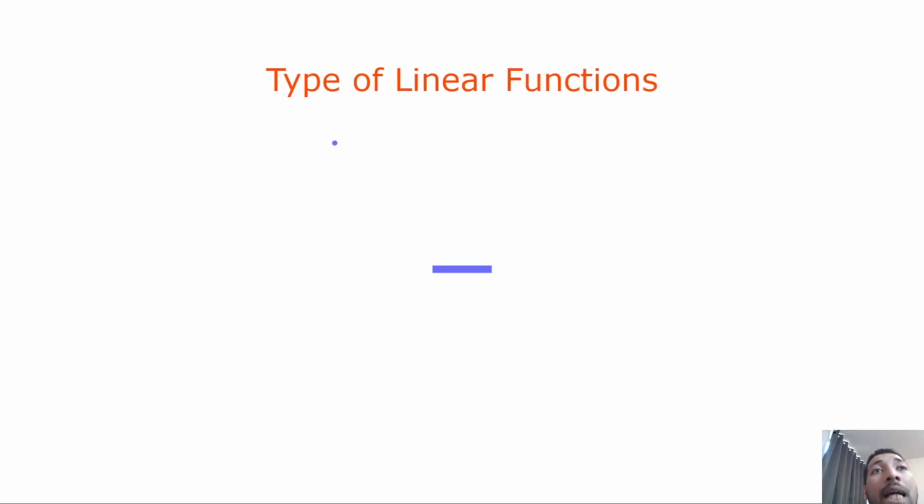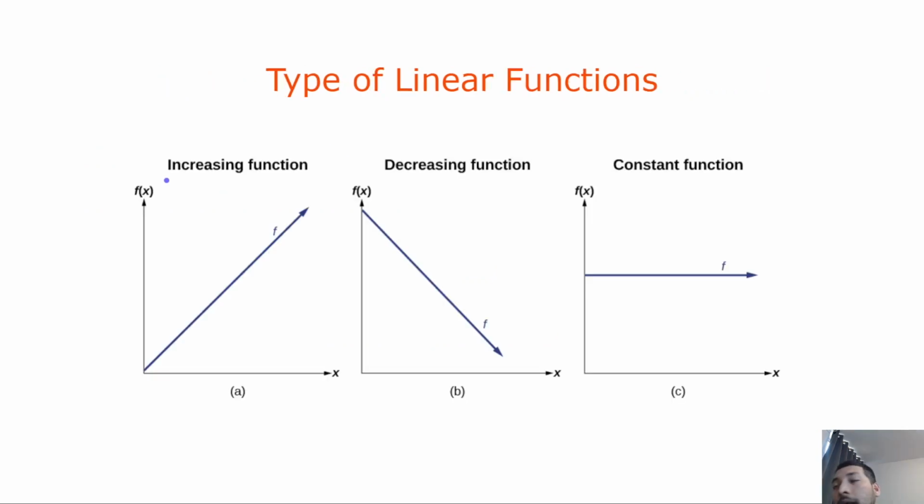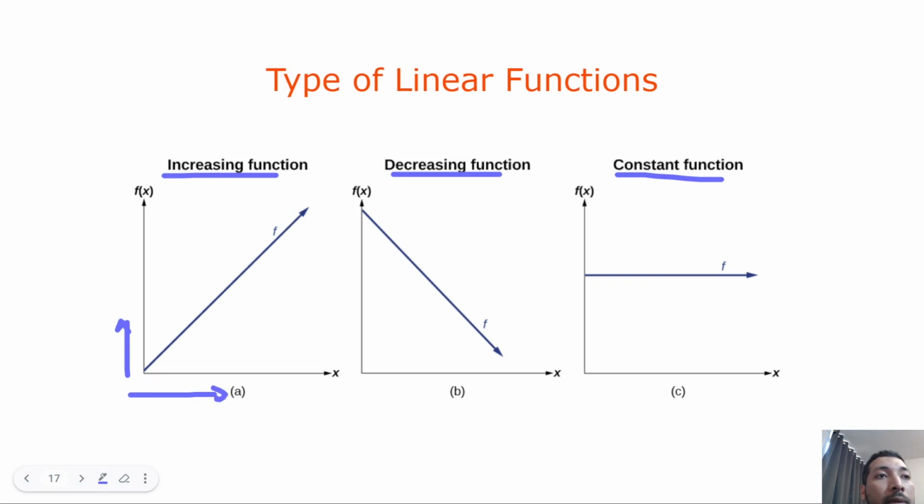Now we'll see types of linear functions. We have three types of linear function that we'll see over and over again. One is increasing function, another is decreasing function, and the last one is constant function. An increasing function is the one where the y value will increase as we go from left to right. And a decreasing function is the one where the y value decreases as you go from left to right.